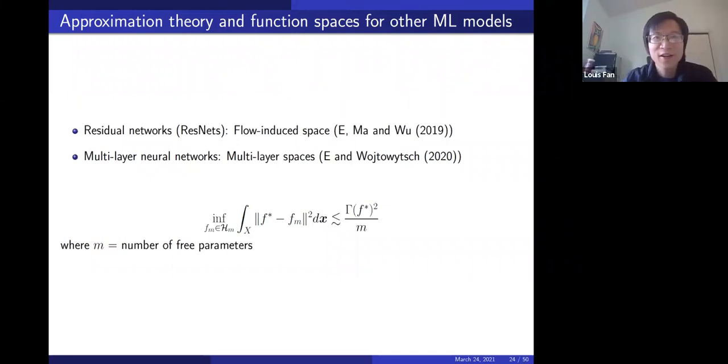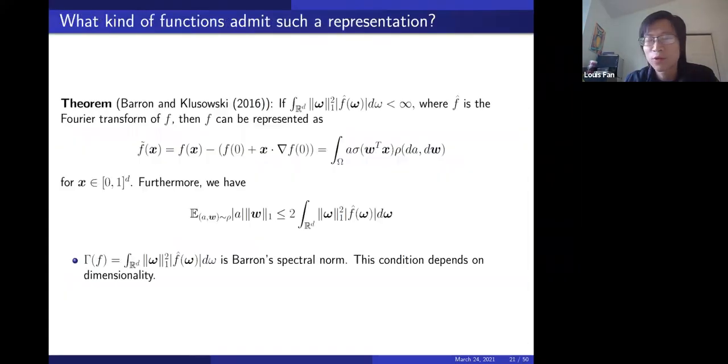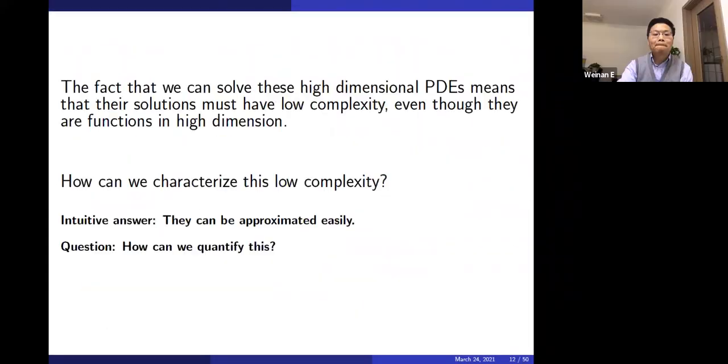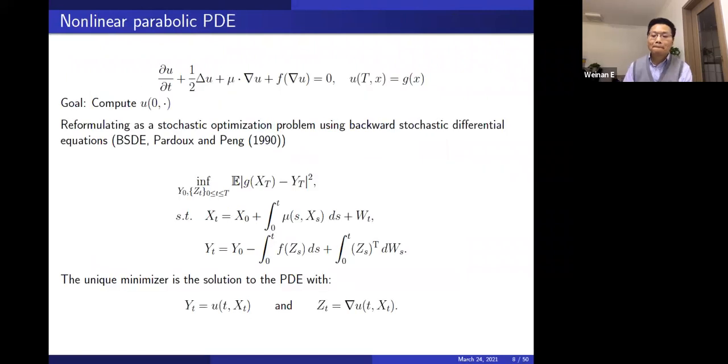Hi, Professor. This is Louis Fan. I have a question about your stochastic control formulation for the parabolic nonlinear PDE, where you used backward SDE to formulate a solution of that problem.